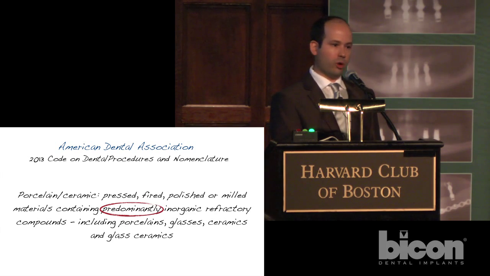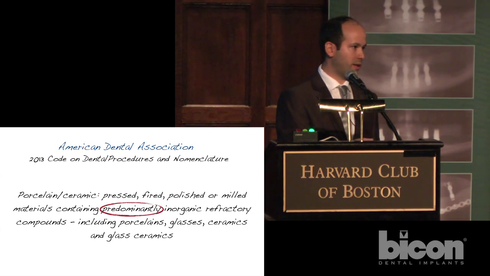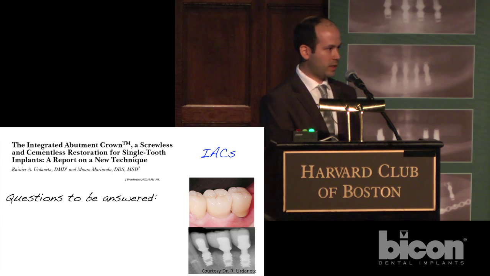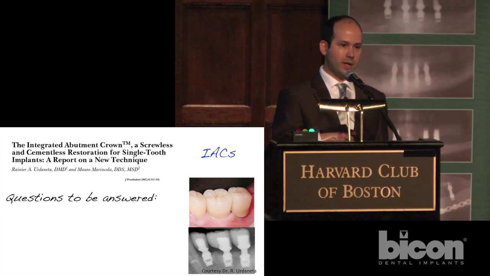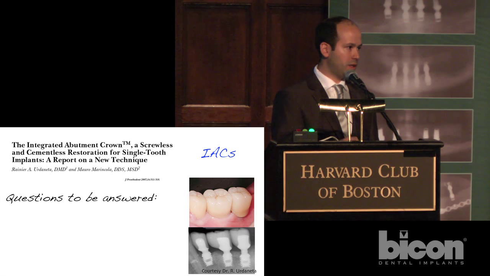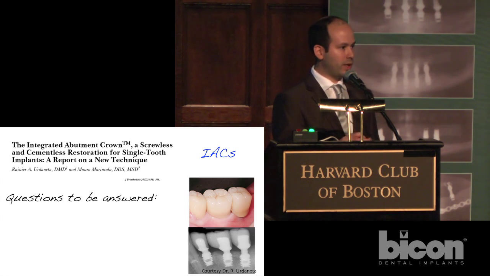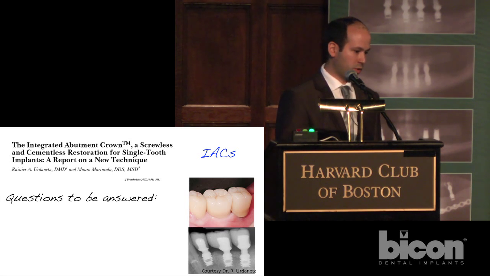But controversies aside between the material science definition of porcelain, ceramic, and the ADA code, let's go to what really matters to us, okay? The IECs, and what are the questions that clinicians would like to have answered if they are willing to use composites for implant-supported reconstructions.